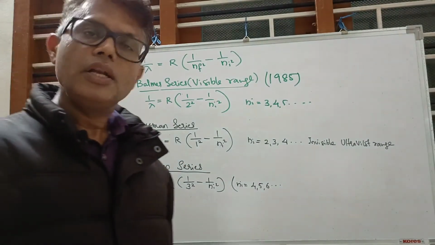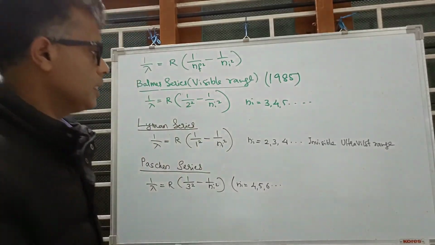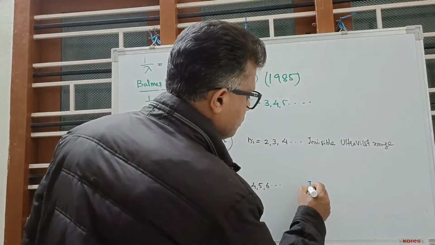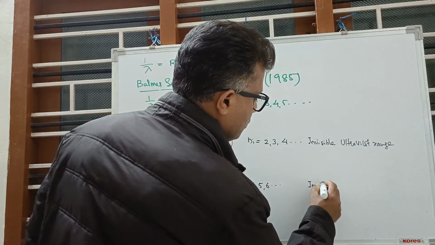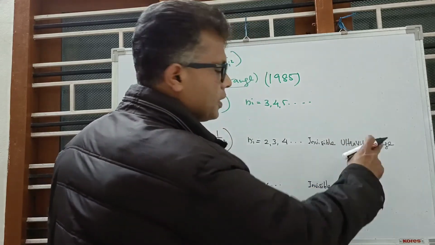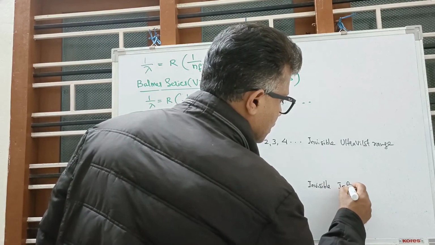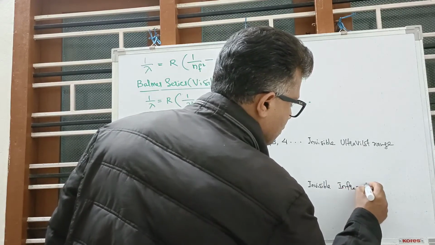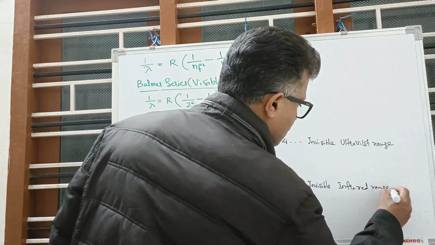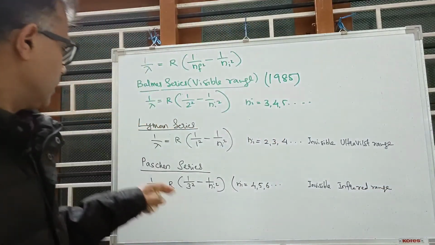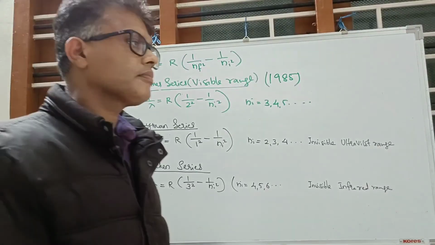Is it visible? No, it is not visible. It is invisible. Is it in the ultraviolet? No, it is the infrared region. Clear, no? Okay. Paschen series.